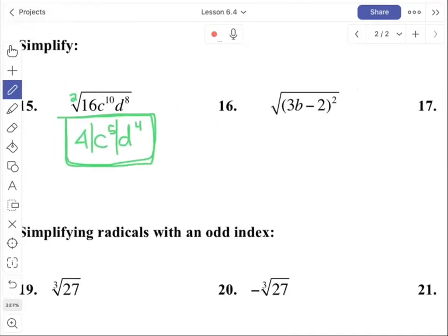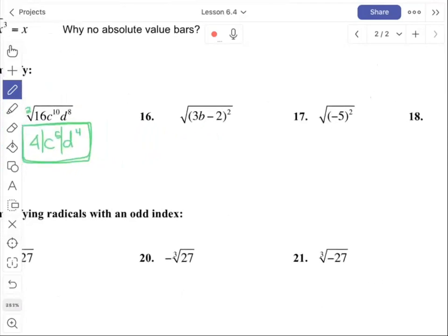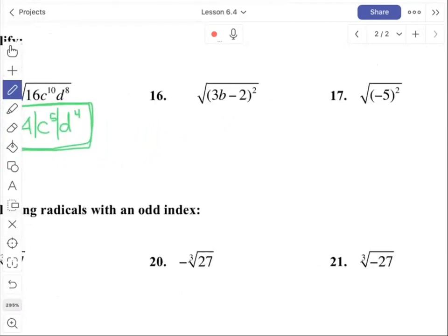Good. All right. Number 16. Let's go to Sebastian. Sebastian, help me out with this one. That's implicitly 2. Good. Index of 2. Perfect.